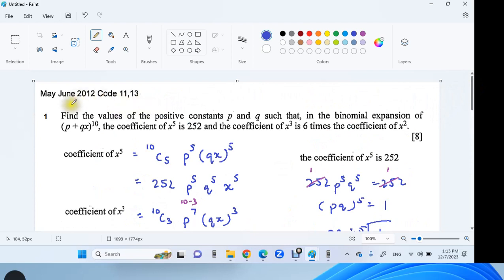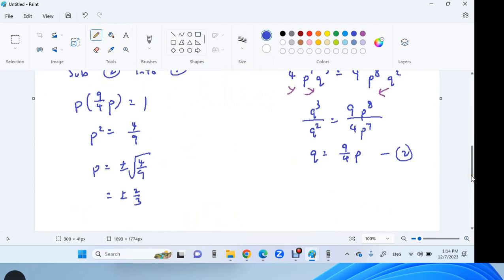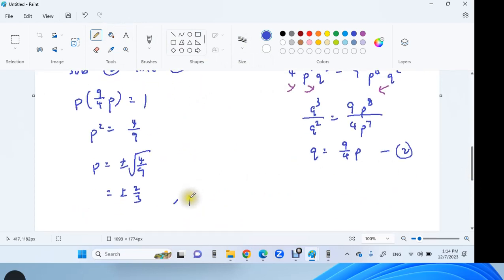But the question asks us to find the positive values of p and q, so that means p and q must be positive. So p greater than 0, therefore p is 2 over 3.